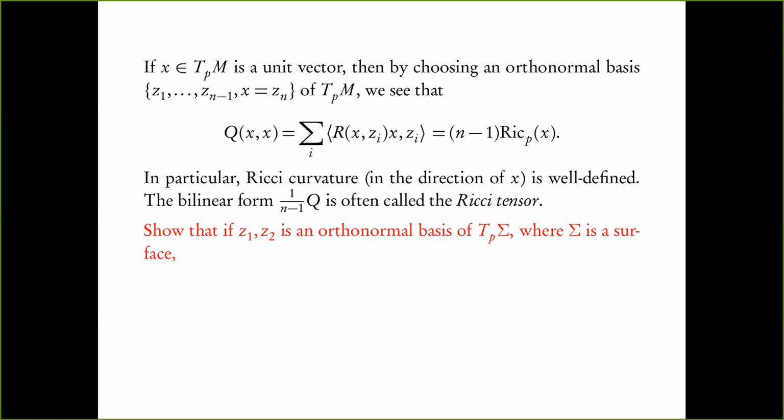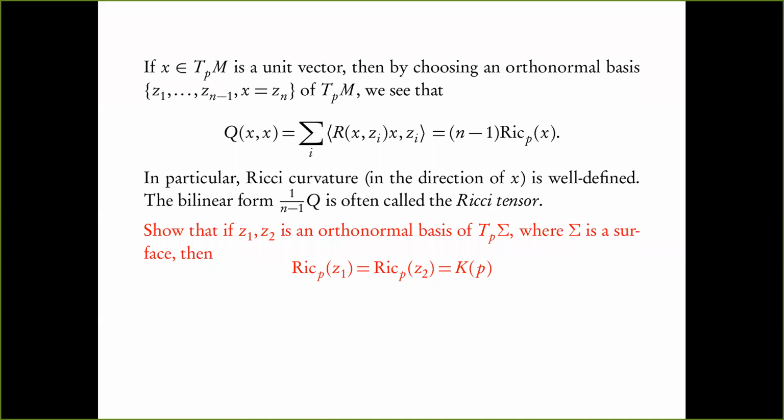Whatever invariants you're introducing, you should know how they compare with the classical invariant. So for a surface, let's take the tangent space TP sigma, where sigma is a surface. Choose an orthonormal basis Z1, Z2 of the tangent space. Then your exercise is to show that the Ricci curvature in the direction Z1 equals the Ricci curvature in the direction Z2, and this is equal to the scalar curvature, which is also equal to the Gaussian curvature.